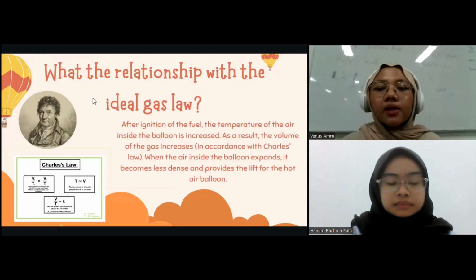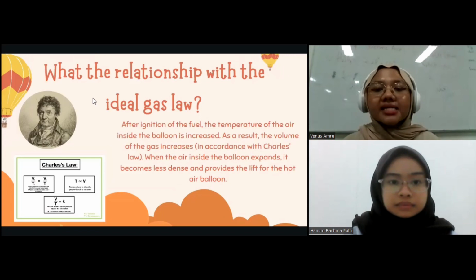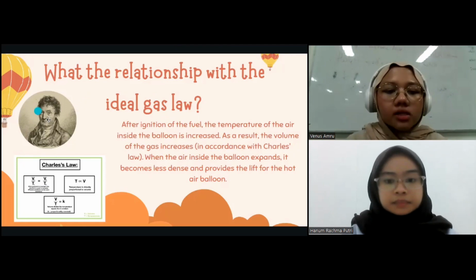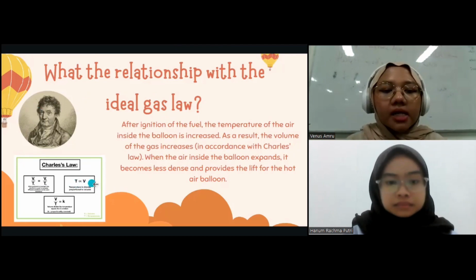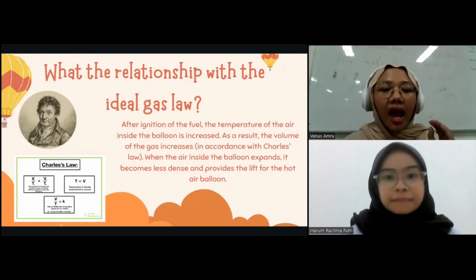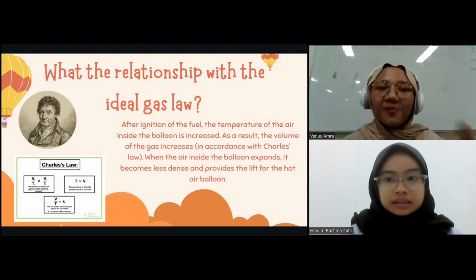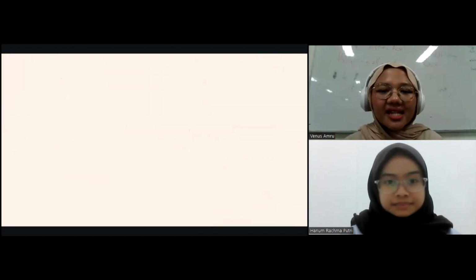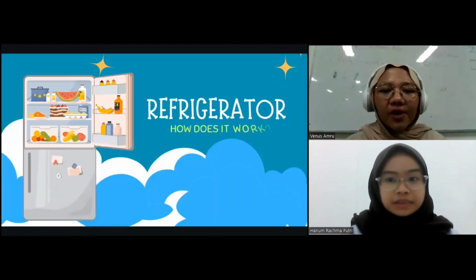When the air inside the balloon expands, it becomes less dense and provides the lift for the hot air balloon. As you can see, in Charles's law, the temperature is directly proportional to the volume. So I think that's all about the phenomena inside the hot air balloon.